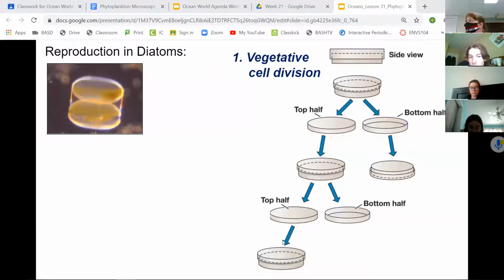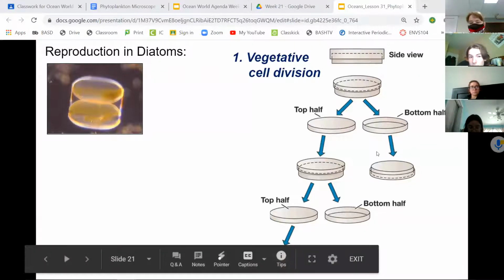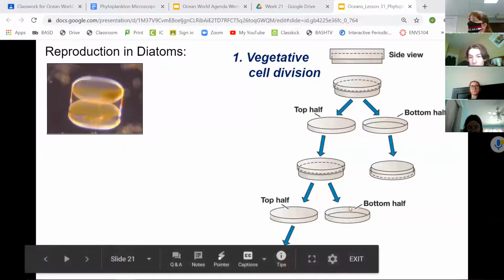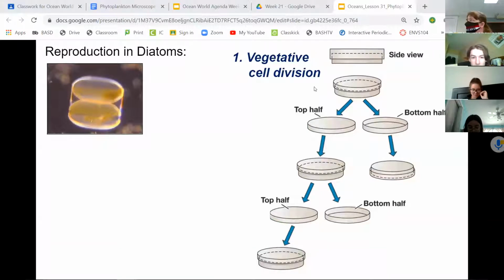So eventually, this vegetative reproduction leads to diatoms that are extremely small and not very effective anymore. So although it produces a lot of organisms, they're not all large organisms. But there is constant asexual production happening.